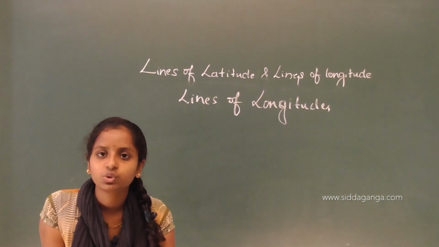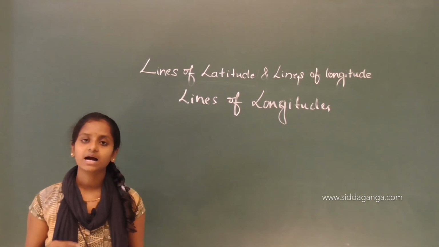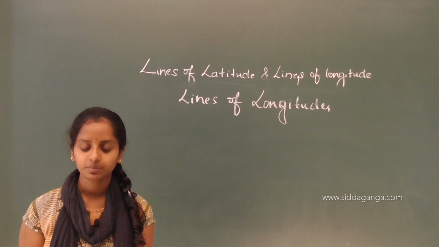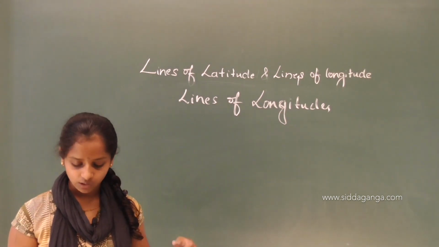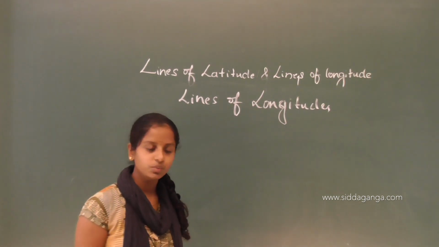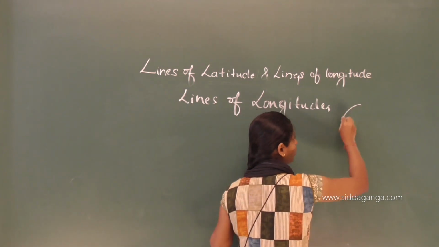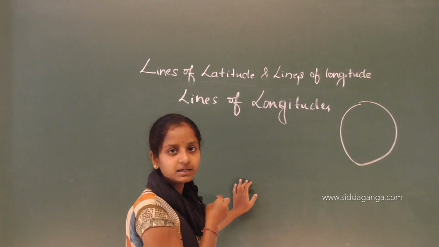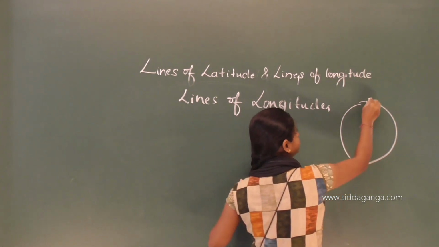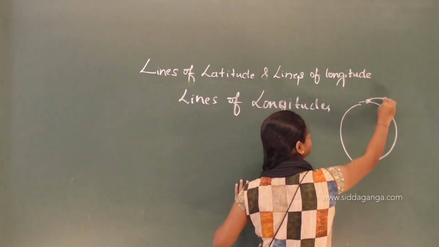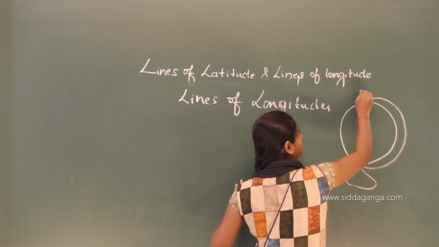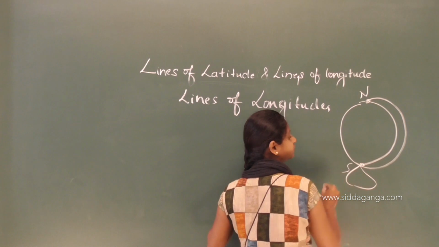Besides the latitudes, we see another set of lines which run from north to the south on the globe. Besides these parallels, we can see another set of lines which run from north pole to a south pole.